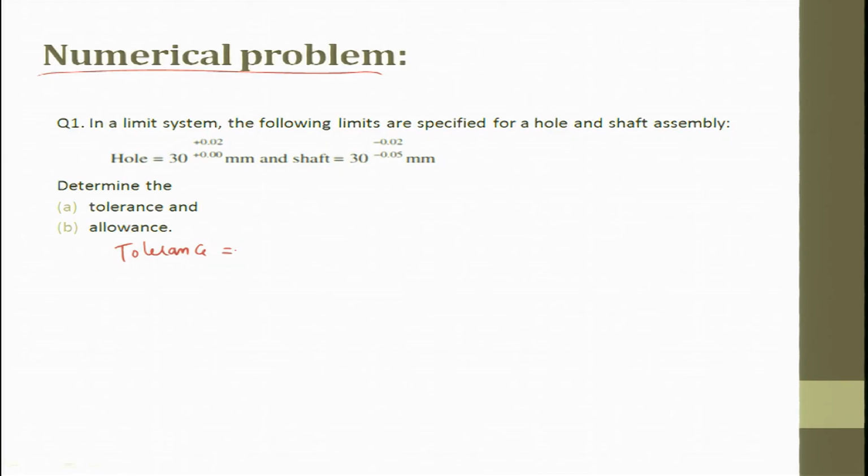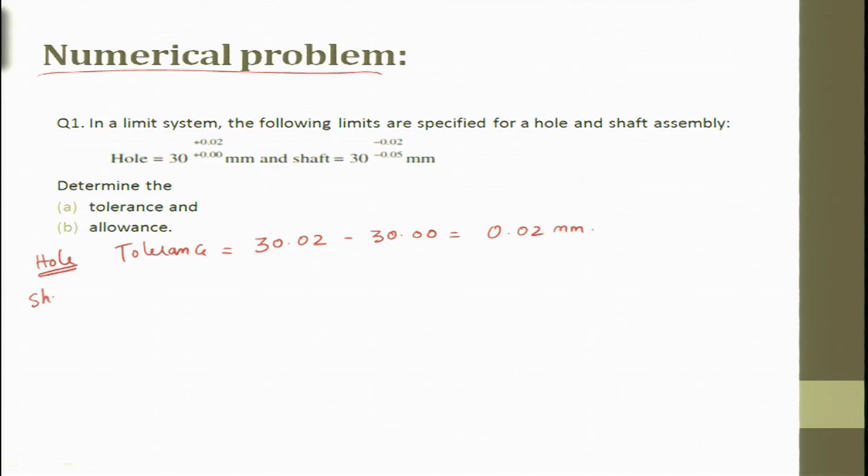For a hole, the tolerance is 30.02 minus 30.00, which is nothing but 0.02 millimeter.